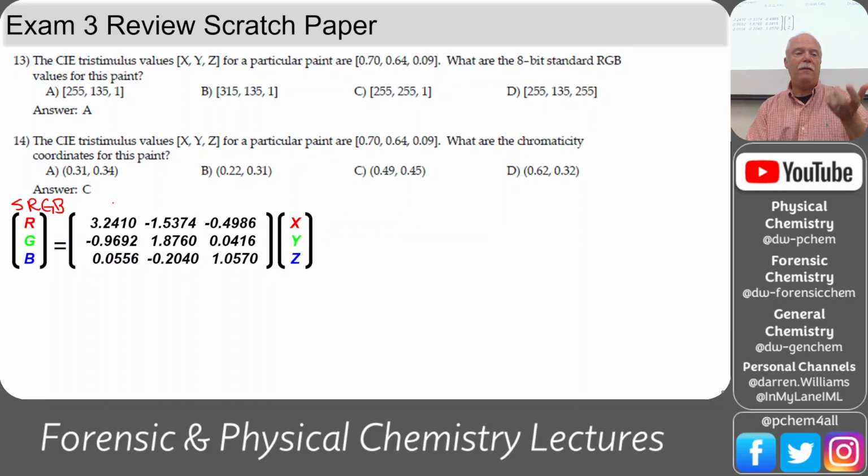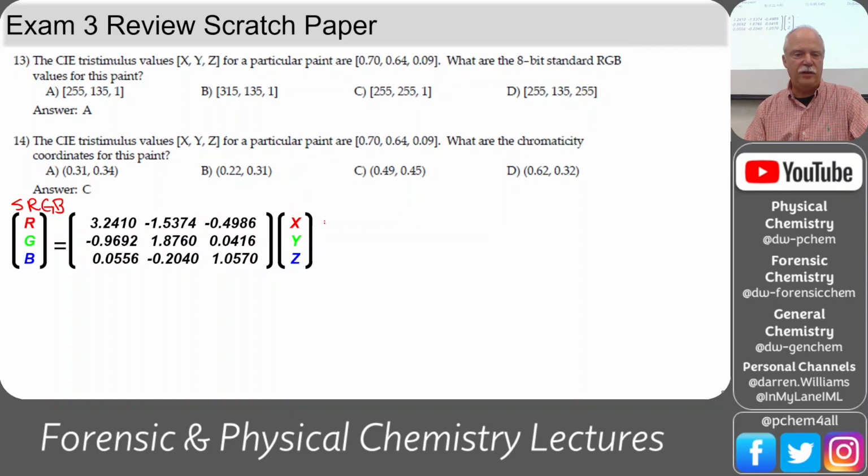Now, this is just another review of matrix multiplication. We don't make you take linear algebra in our chemistry curriculum, but we do use a little bit of linear algebra, and this matrix algebra is linear algebra. The way the matrices work is this is the transformation matrix, and it's left multiplied to the XYZ values.